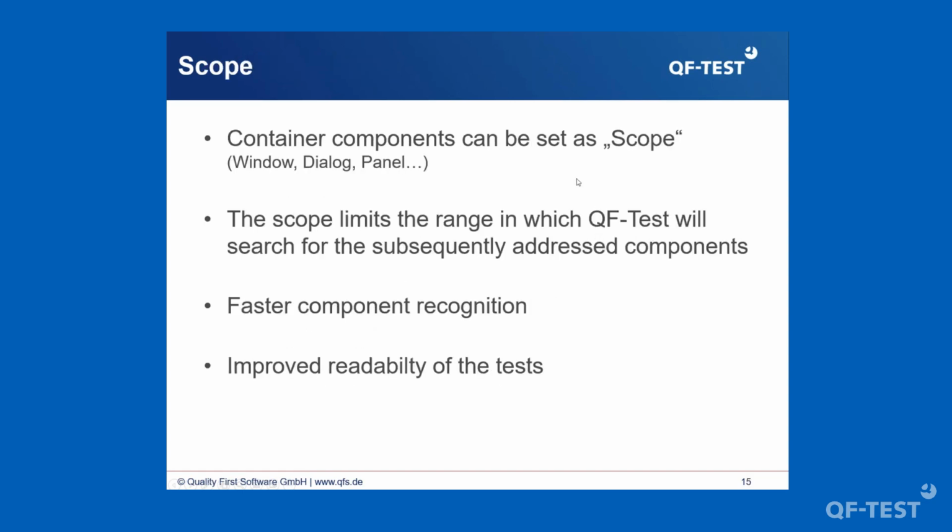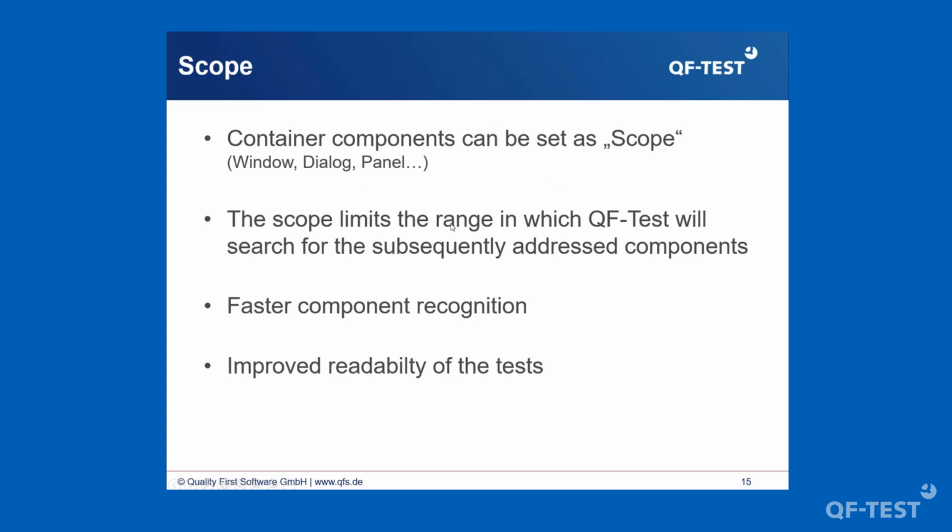Yeah, then that's not SmartIDs, but a topic closely linked to SmartIDs, because here you can set a scope, like a container, where QFTest will look for a certain component. So this can be used with normal component nodes and SmartIDs.